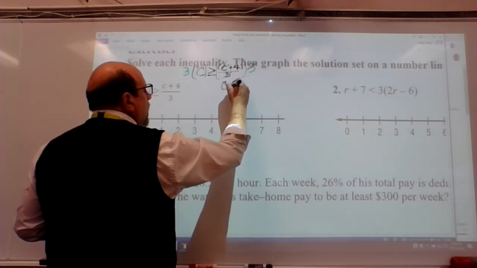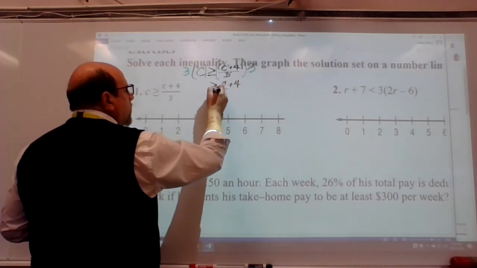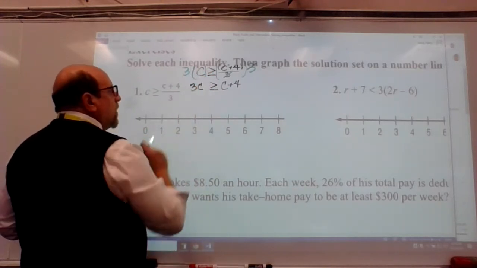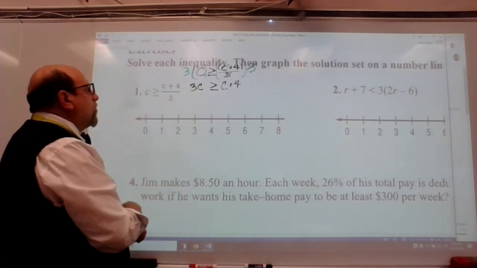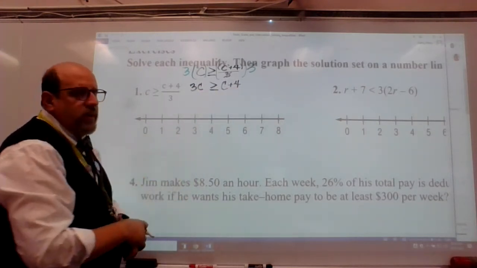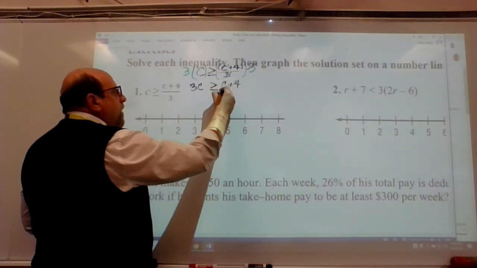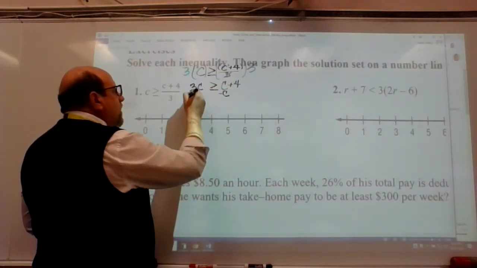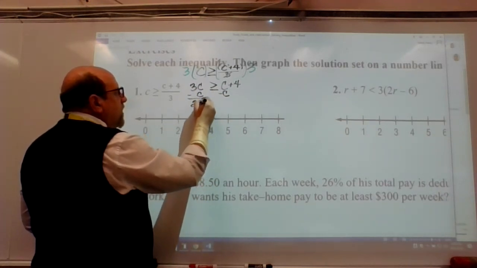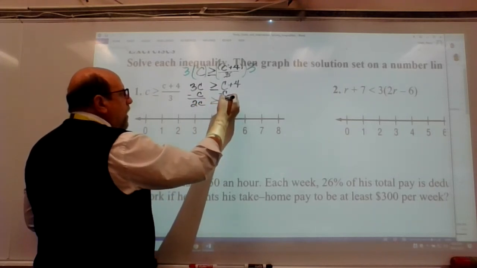So on this side I have c plus 4 is less than or equal to 3 times c, which is 3c. Okay, well, this is kind of cool. I have 3 c's over here and 1 c over here, so why don't I take my 1 c and get rid of it on this side by subtracting 1 c, minus one of those c's, and I have 2c is greater than or equal to 4.